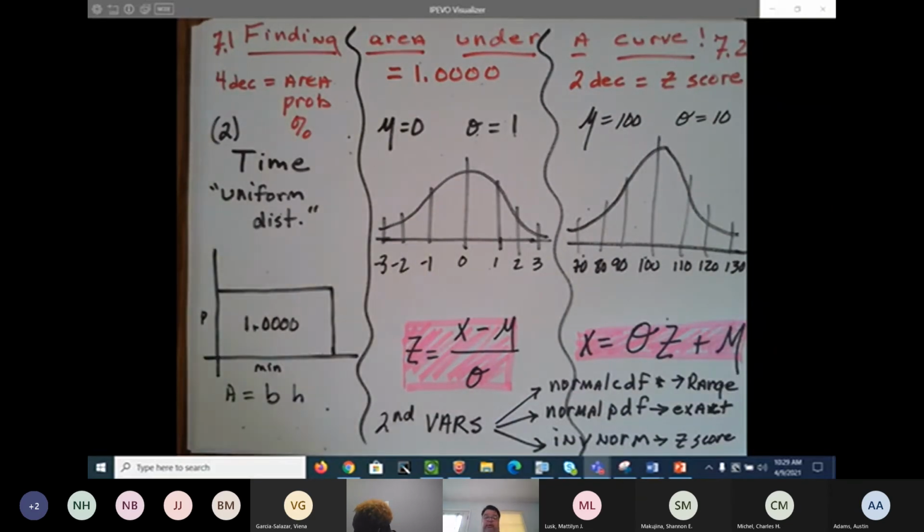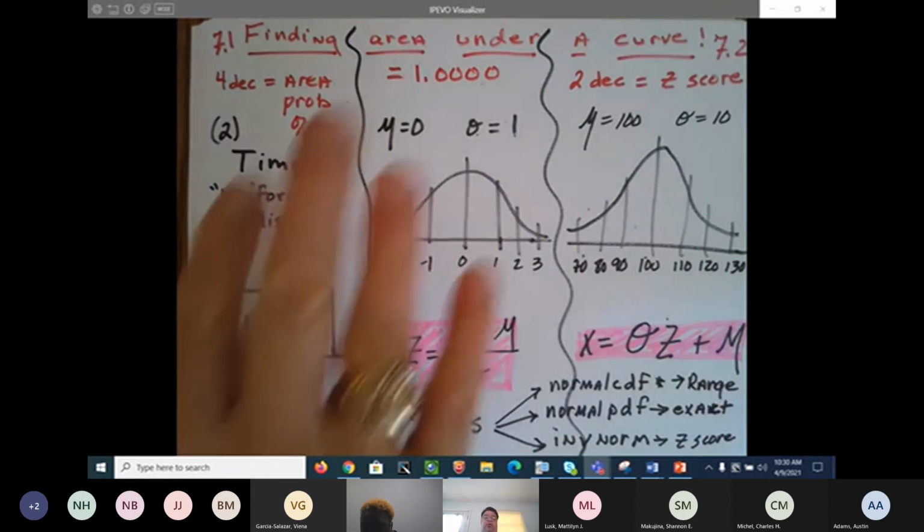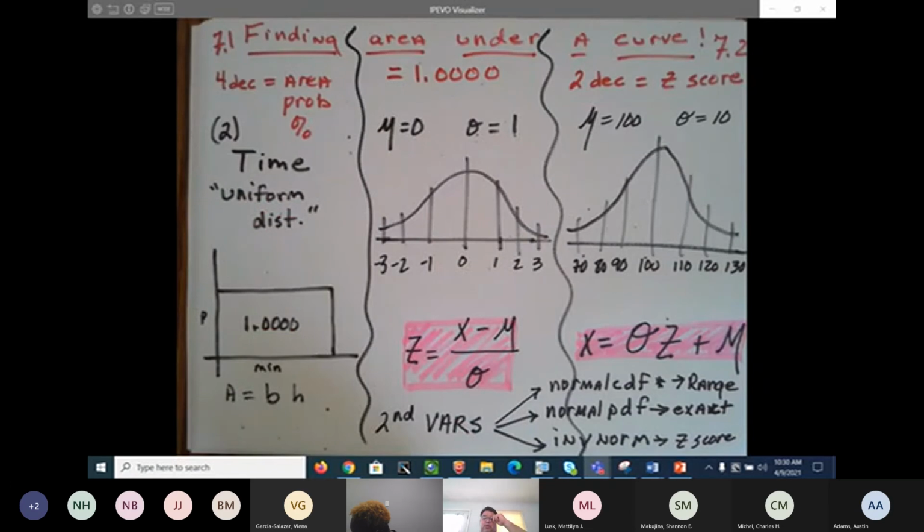Now, we'll get to that later. I'm just trying to, again, give you an overview of what Chapter 7 looks like, because we're only talking 2 sections. And it covers these 3 things right here. So I'm going to leave that on the board there for a couple of seconds so everybody can write it down, and then we're going to go ahead and start working on a couple of problems.